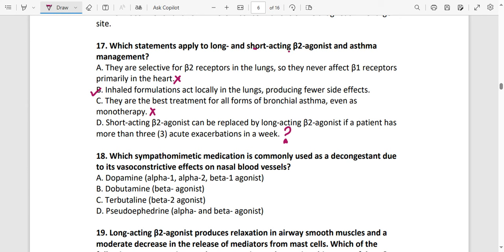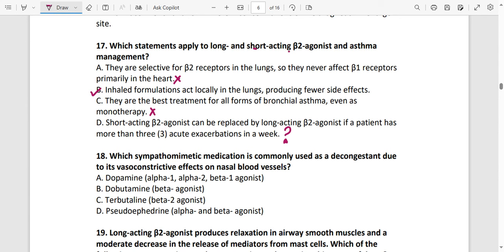Those alpha receptors in the blood vessels are going to cause vasoconstriction of the nose. Besides that, you want a drug that will also be working on beta 2, which is present in the lungs.